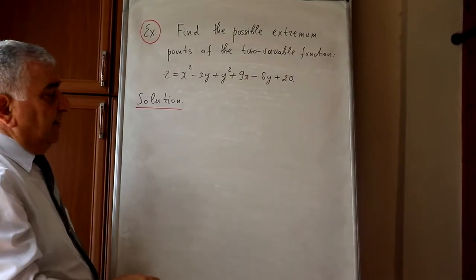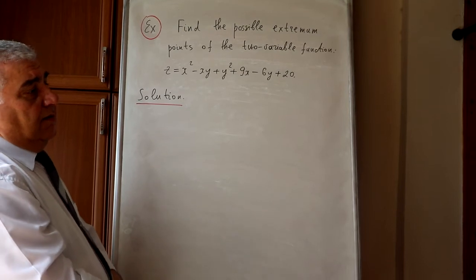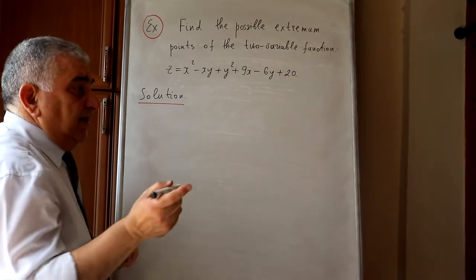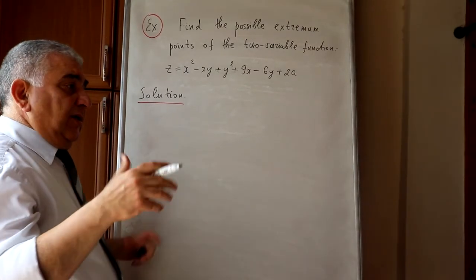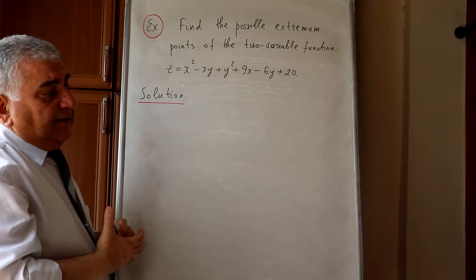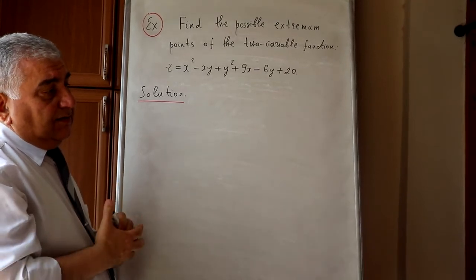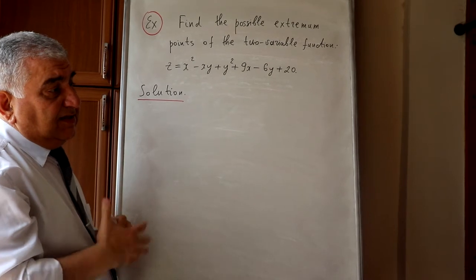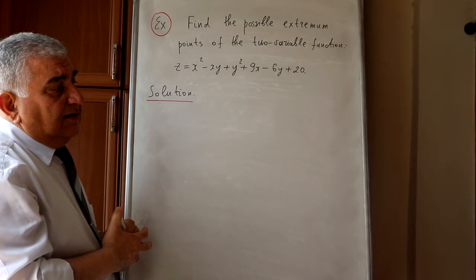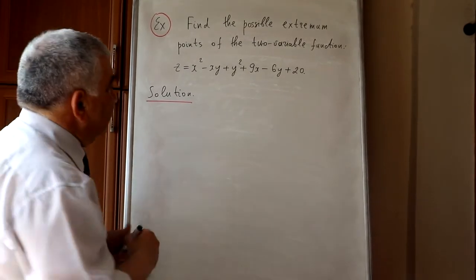First find the first order partial derivatives, then equate these derivatives to 0 and solve the obtained system of equations, and thereby find the critical points.